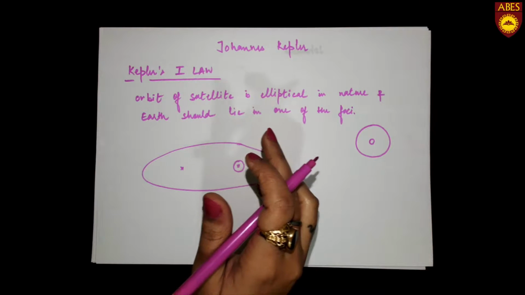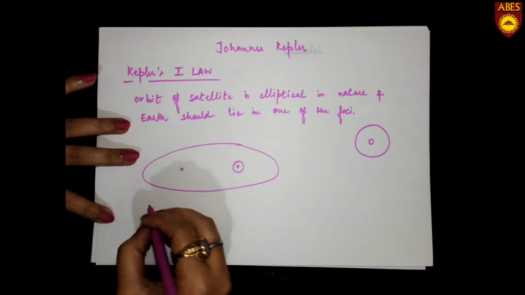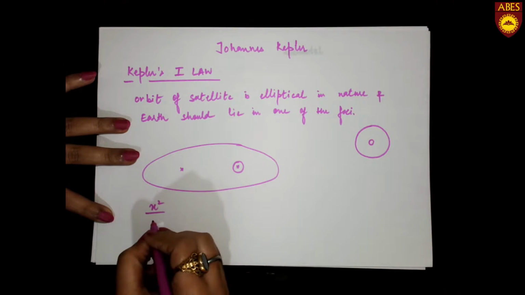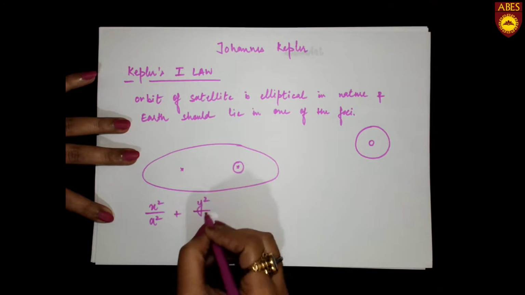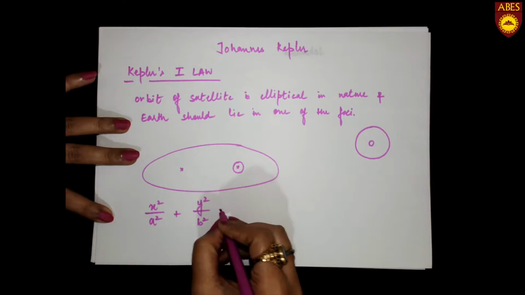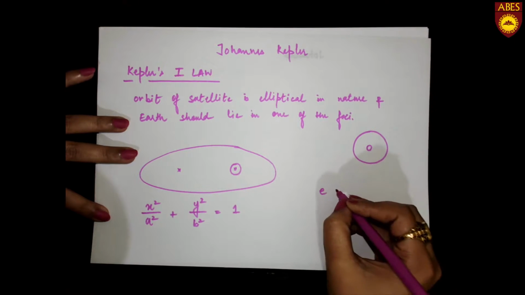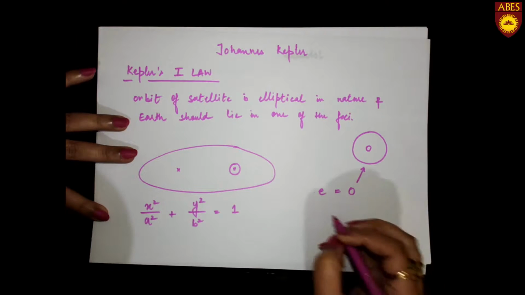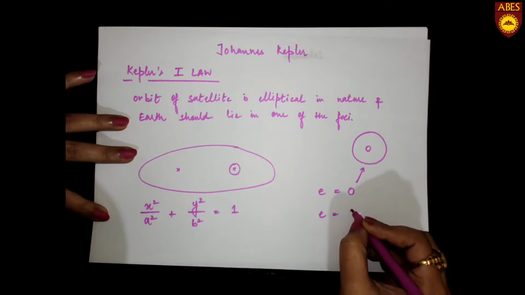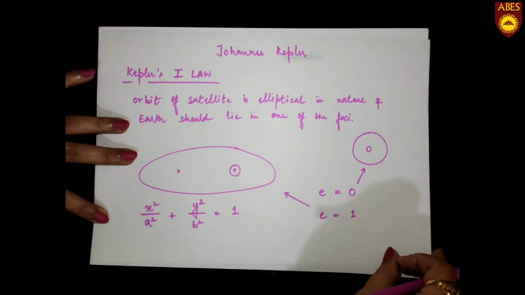Now, giving the equation of the ellipse, it is x square upon a square plus y square upon b square is equal to 1. Now, if eccentricity is 0, then the orbit is a circle. If eccentricity is between 0 and 1, then the orbit is an ellipse.